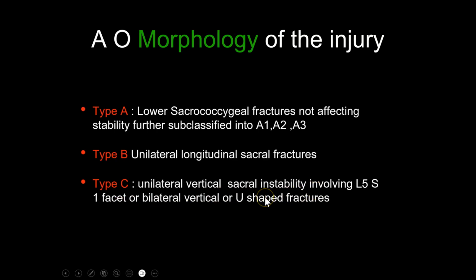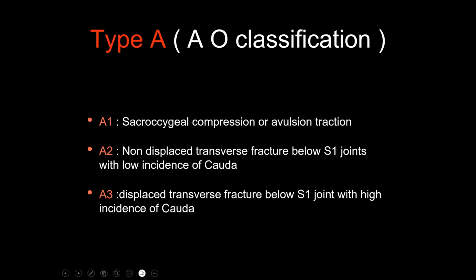We'll see it now. So when we talk about the AO classification, type A1 is in the lower part of the sacrum, whether it is compression or avulsion traction. A2 is a non-displaced transverse fracture below the S1 joint with low incidence of cauda equina injury, but A3 is a displaced transverse fracture below the S1 joint with high incidence of cauda equina injury.